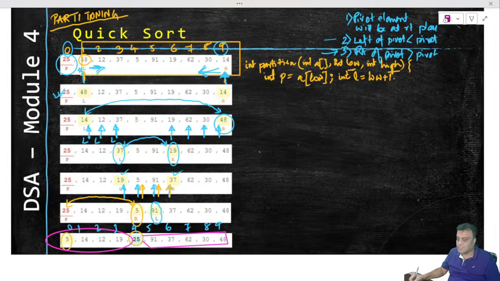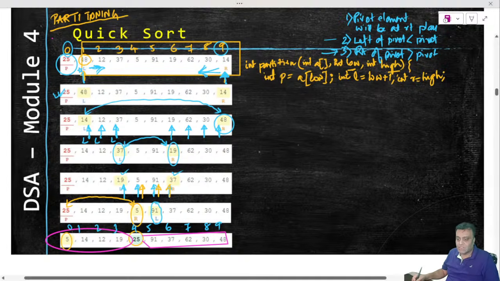Next is R, which is the right pointer. So the right pointer is equal to my high. Nothing fancy there. It will just be directly equal to the upper bound, which is high. So that's what we will do. So our 3 pointers are set. Pivot is set. Low is set. L is set. R is set.